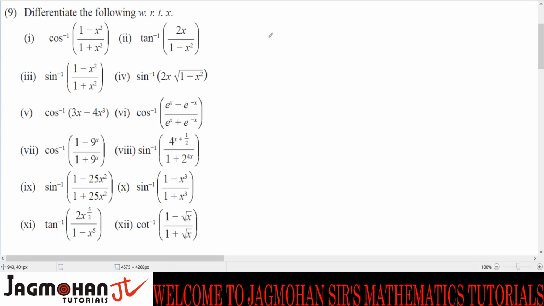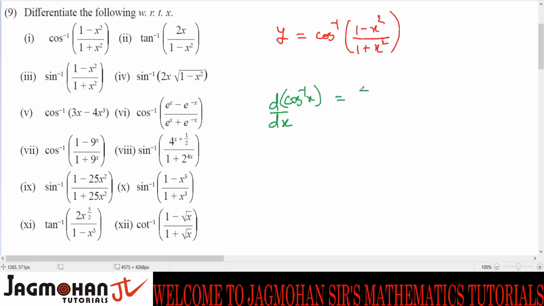Check this out. y equals, as you know, every single time we differentiate, this is our first step. y equals cos inverse of (1 minus x square) upon (1 plus x square). Dear students, you all know what is d by dx of cos inverse x. d by dx of cos inverse x is negative 1 upon square root of 1 minus x square.